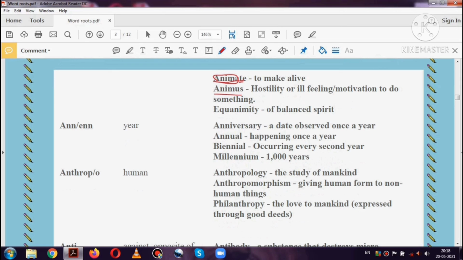Anim means life or spirit, and animus means hostility, ill feeling, or motivation to do something. The next word is equanimity. Here equ means equal, something related to equality, and anim means life. So equanimity means a balanced spirit towards life.